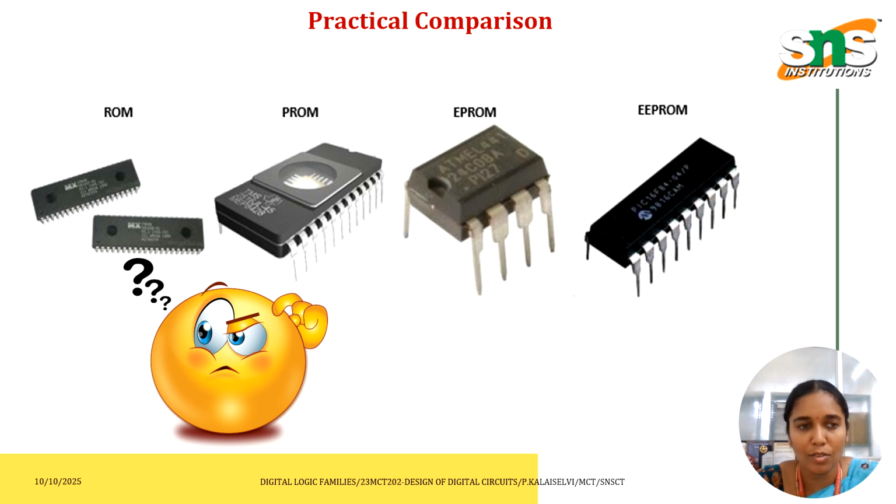They come in chip format, that is a semiconductor device, so we can identify them based on the numbers and structure. ROM is mainly used in firmware storage and boot programs, lookup tables, gaming consoles, calculators and washing machines.